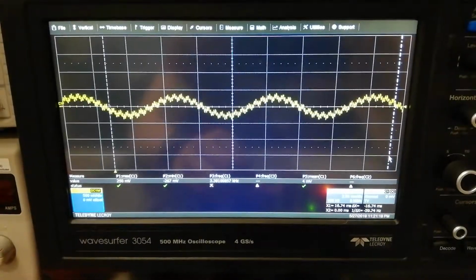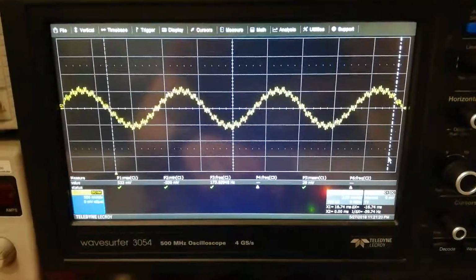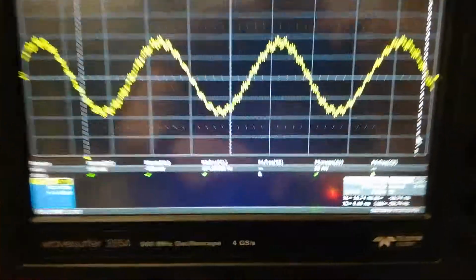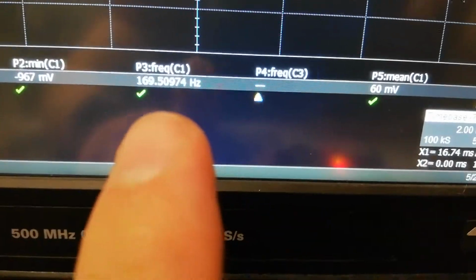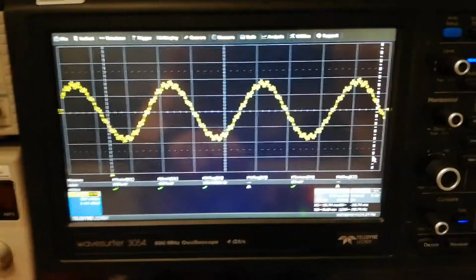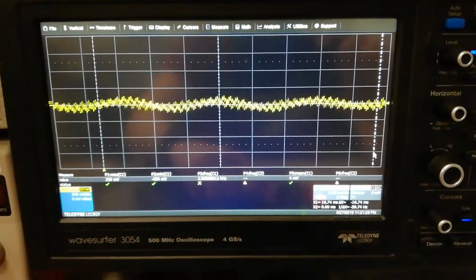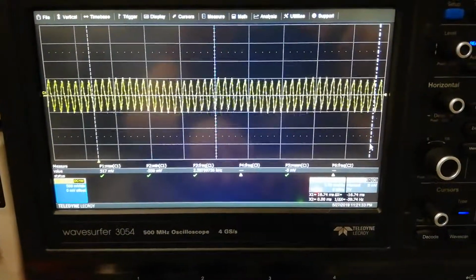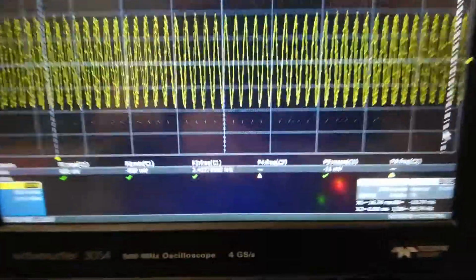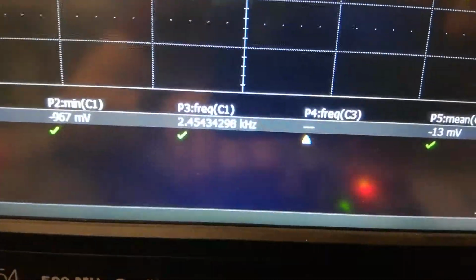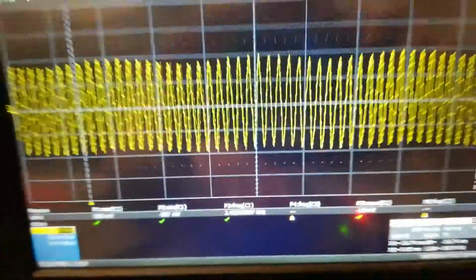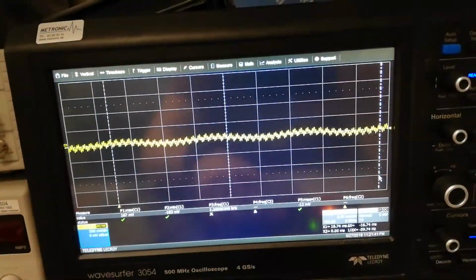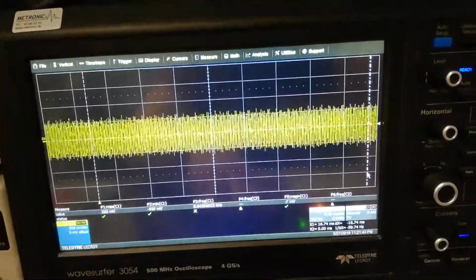So if I take one, this is the 170 Hertz, which you can see down there, approximately 170 Hertz, that it gets amplified. Take that down, change the frequency band, and amplify it. This is the 2.5 kilohertz signal, and the last one, maybe I have to zoom a bit here.